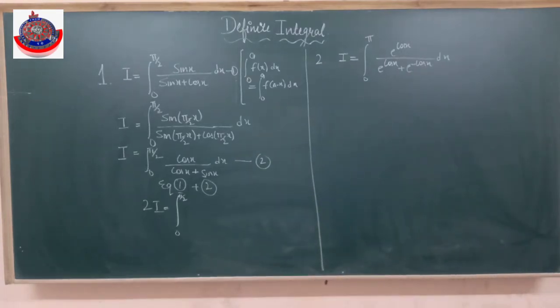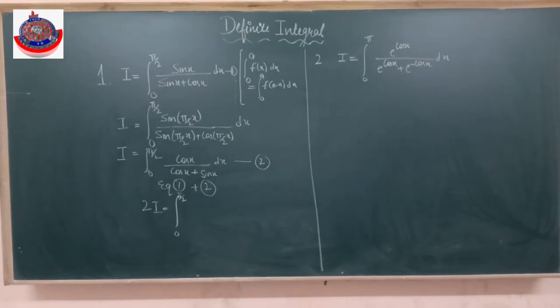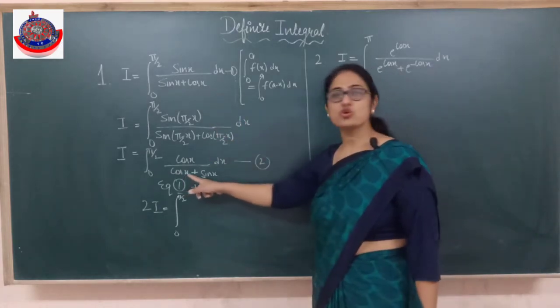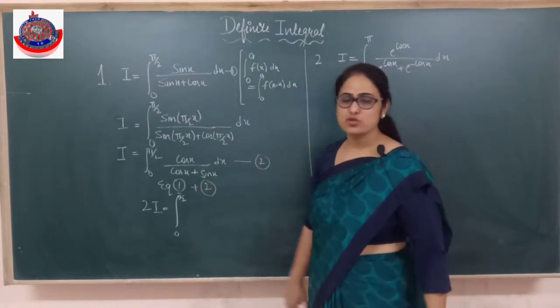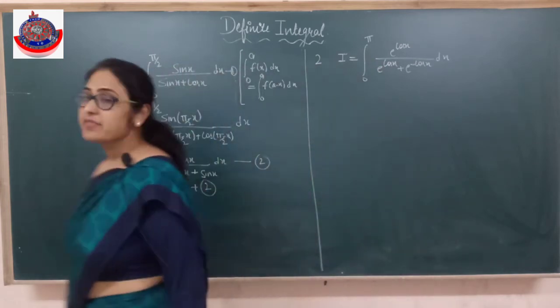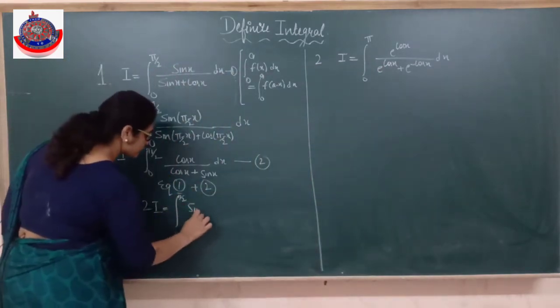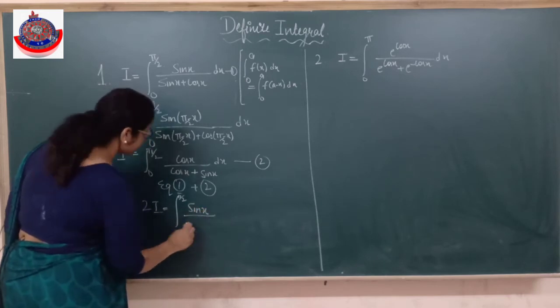If you see the denominators of 1 and 2, they are the same. The denominator of equation 1 is sin x plus cos x. This is also cos x plus sin x, or you say sin x plus cos x; that is one and the same thing. When I add, write it this way first so that there is no confusion.